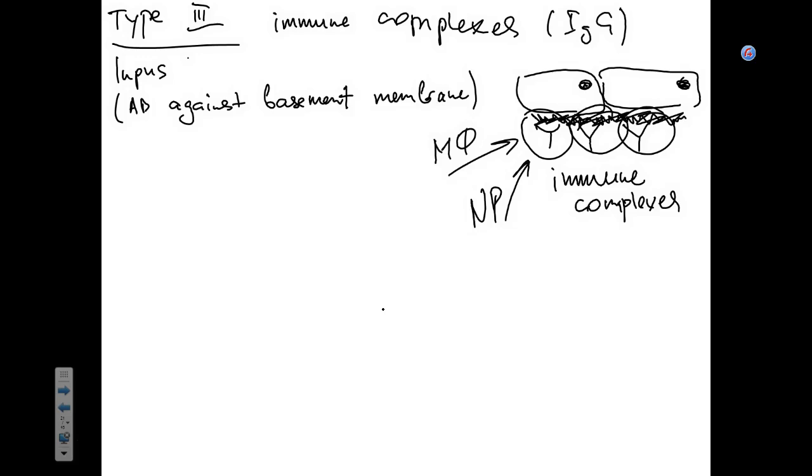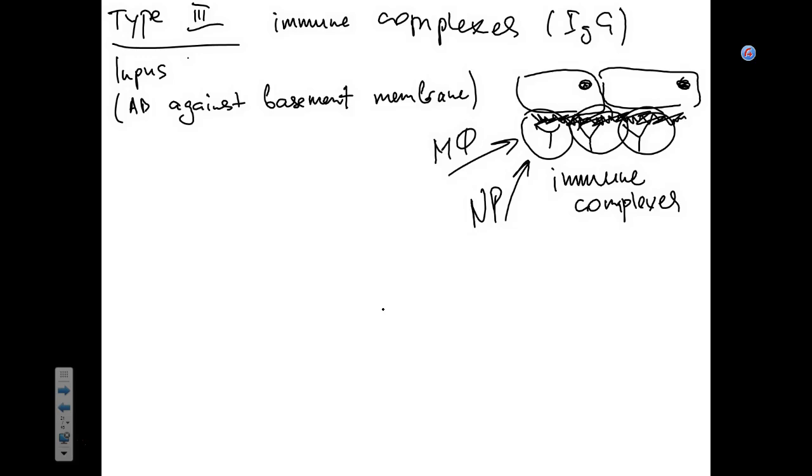For some reason, lupus mostly affects joints, kidneys, and blood vessels. So it affects simple squamous and simple cuboidal epithelium. Okay. Now, in blood vessels, there's going to be inflammation of endothelium, which leads to the frequent thrombosis.